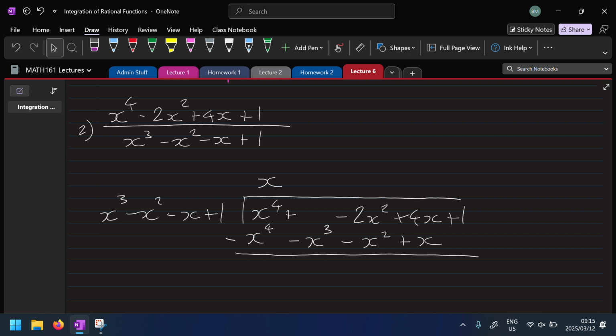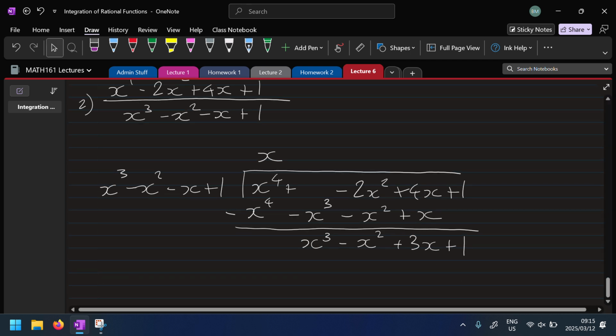Then we have 0 minus x cubed, so that's x cubed. Okay, minus 2x squared, minus x squared, so that's a minus x squared. Okay, 4x minus x, so that's plus 3x. Okay, and then a 1 minus 0, that's just a 1. Okay, so that's step 1 done.